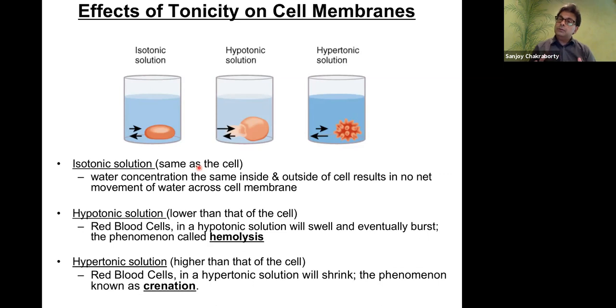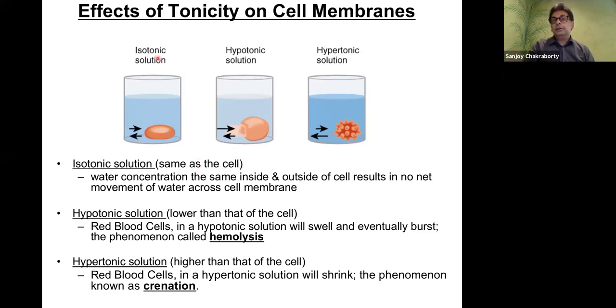So what does that mean? If 0.9% is the solute, that means 99.1% is water inside the cell. If outside you have the same 0.9% solute, both sides are the same.